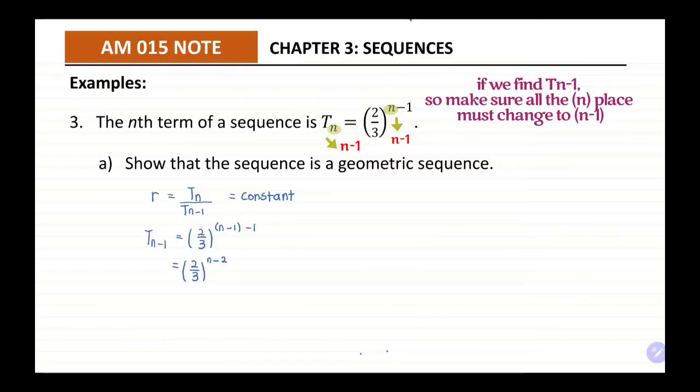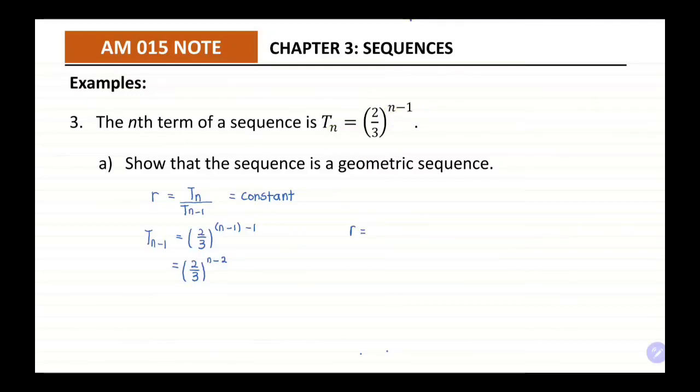Okay, now we want to show whether r equals a constant, so we use the formula for r. So r equals Tn. The equation for Tn is 2 over 3 to the power of n minus 1, and we divide by Tn minus 1, which we already found as 2 over 3 to the power of n minus 2.